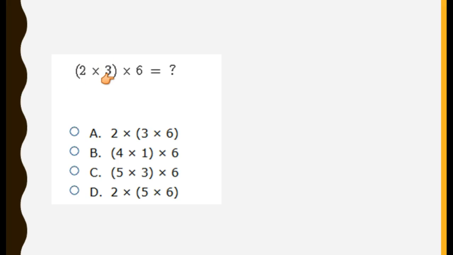So without even having to do the math, I know that this would be correct. But if you wanted to make sure, it'd be a great idea to go ahead and go through. So 2 times 3 would be 6 times 6 is 36. If I did this first, 6 times 3 is 18 times 2. Yes, it does equal 36. So A would be correct.